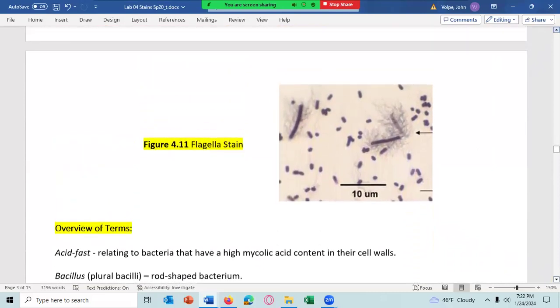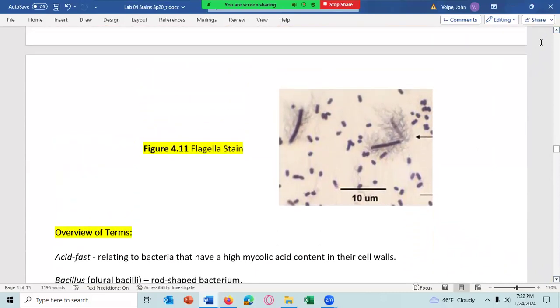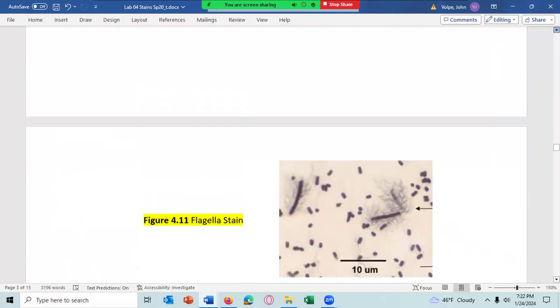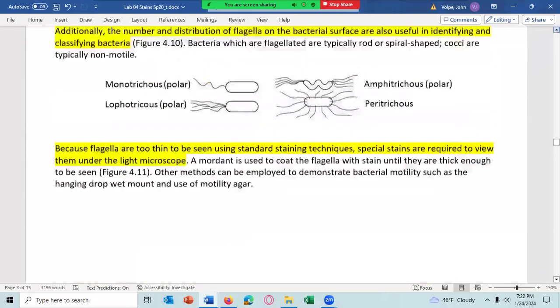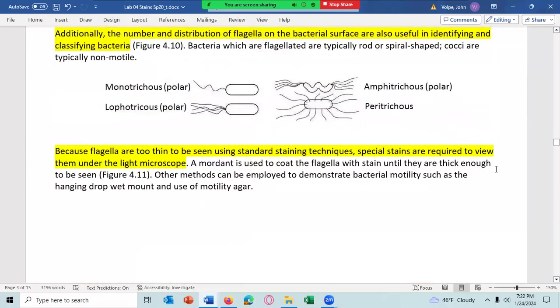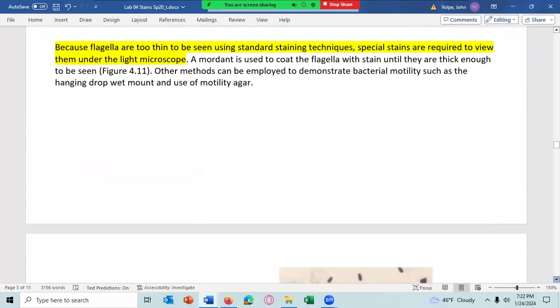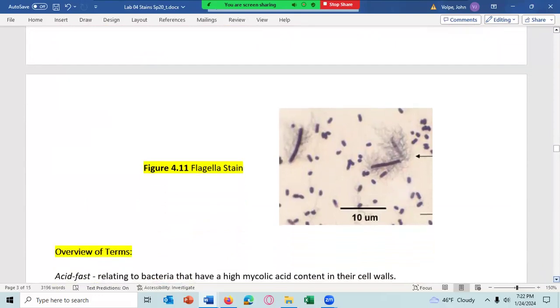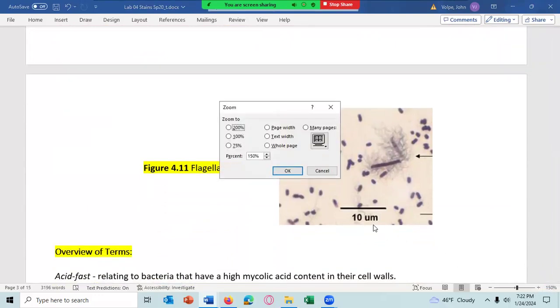Oh, there's one more thing I need to talk about. And that is you can notice that the cells have a different arrangement of flagella on the cells. This one here is the last one, the peritrichous bacteria. Let me see if I can blow this up and point out a few more.